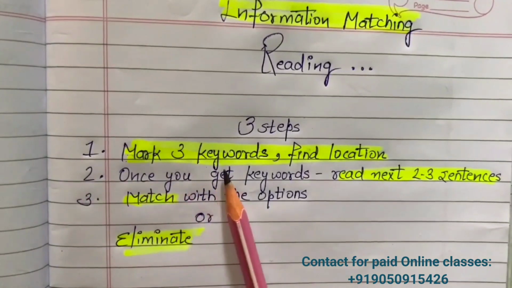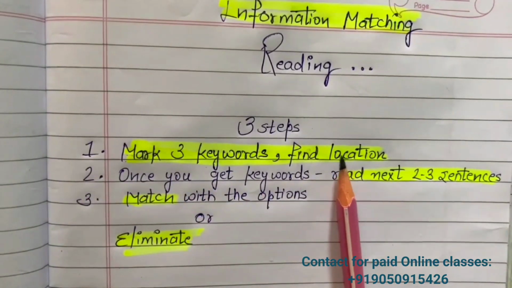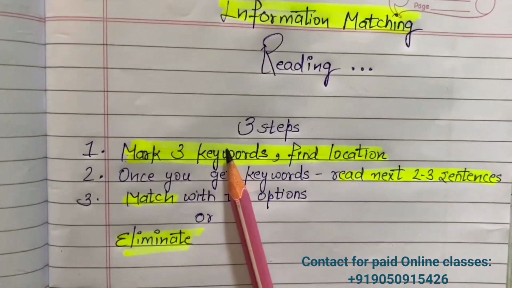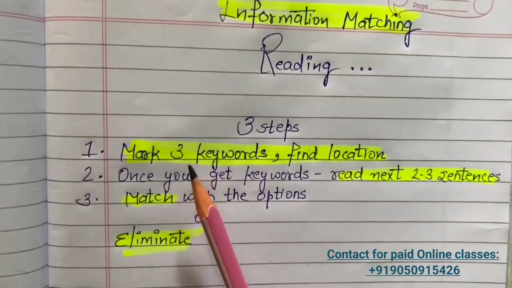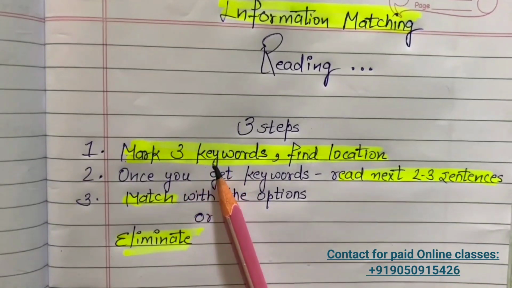First, mark 3 keywords and find the location. That is really important. I have seen many students, they just mark 1 keyword and they start finding the location, and that wastes you a lot of time. I usually tell students that always mark 3 keywords in the question.